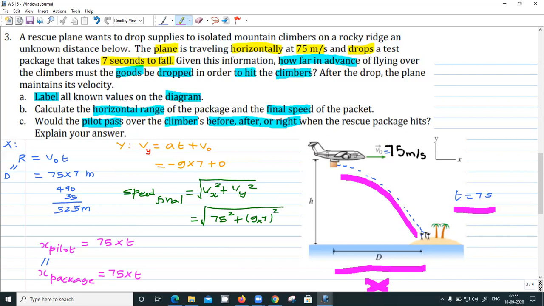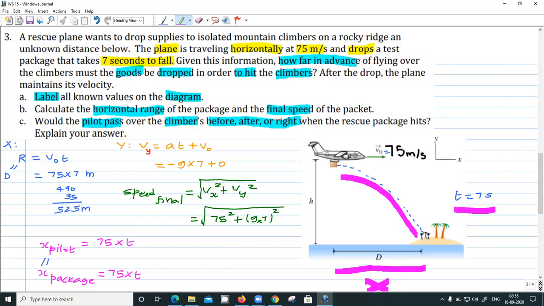So my initial velocity is 0. My final velocity, I don't know. You can calculate it, right? Yeah, I have to calculate it, but I don't know it initially. And then I have y and y sub 0.